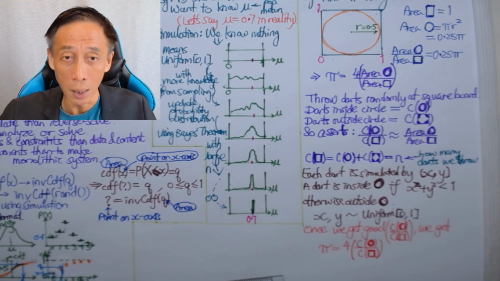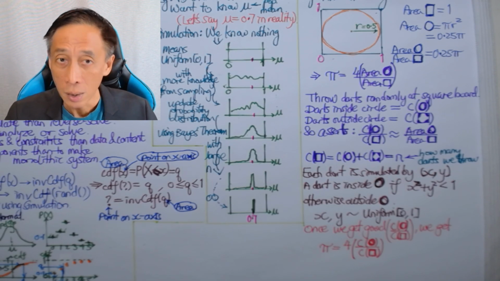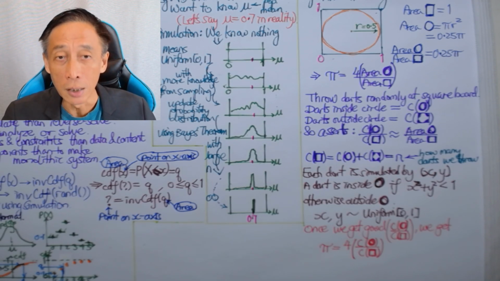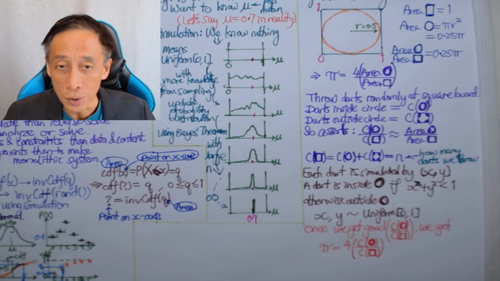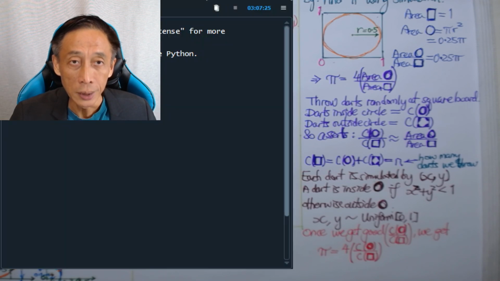I'm just trying to show you how we can do this experiment rather easily using Python. So let me prepare a little bit, just a while. Okay, let me show the Python screen.